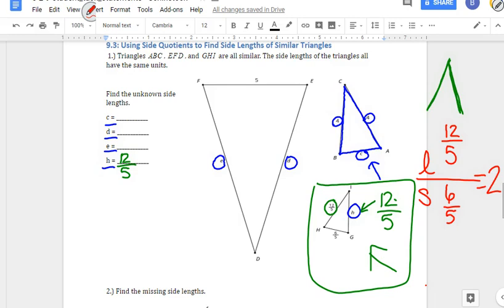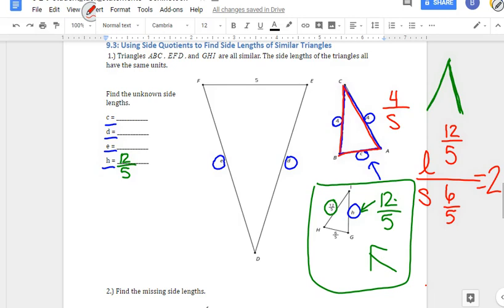Okay, so on this small triangle ABC, we're finding the side length of C. So we know the long side is 4. We don't know the short side. What I know about the short side, though, is that it's going to be smaller than 4. So I'm going to use the common ratio of 2. And since I know that 4 has to get smaller, I know division makes a number smaller.